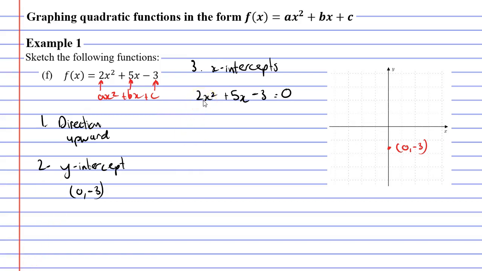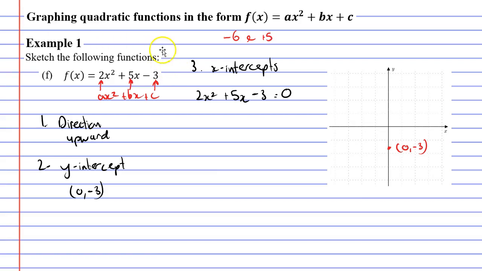This time I can't factor out the 2, which means we're factorizing a non-monic quadratic, which is quite challenging. We'll start by multiplying our outside numbers. 2 times -3 gives us -6. We then look at the number in the middle, which is +5, so we have -6 and +5.